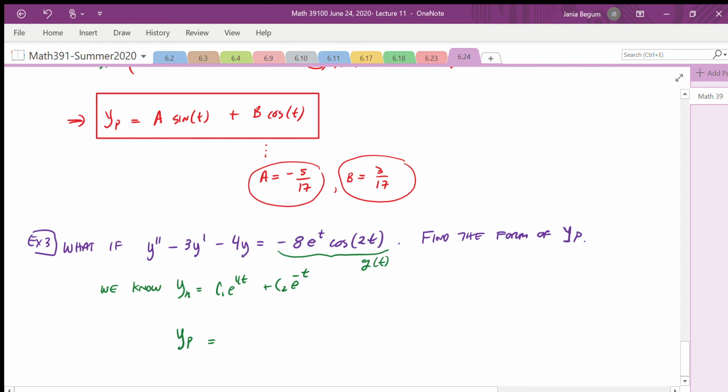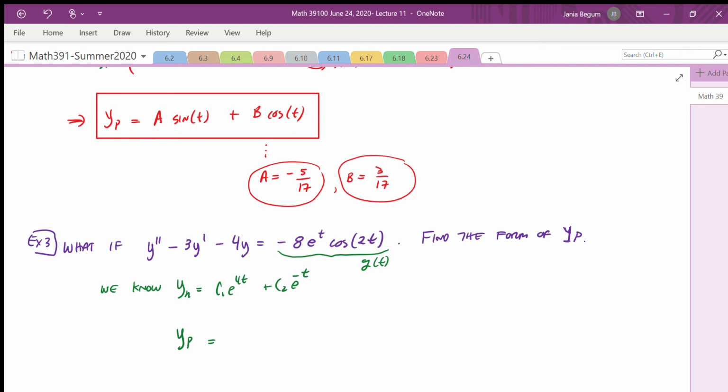Well, my g of t involves an exponential times cosine of 2t. So the first thing that should click in your mind is that you have cosine, so you need sine and cosine to come along for your yp. Second, you also need e to the t, because that is also multiplying cosine. And then you also need a constant to replace negative 8.